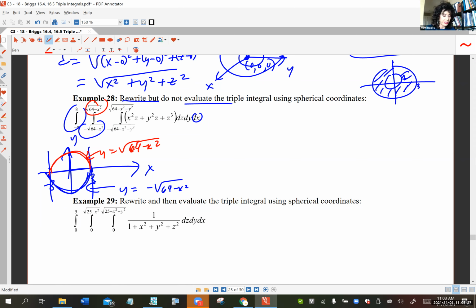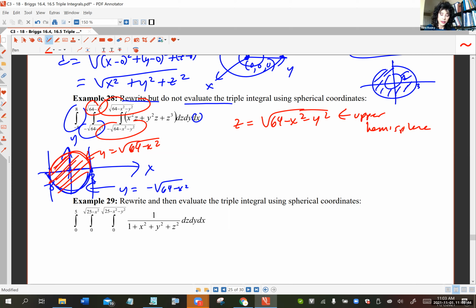And then y equals positive square root of 64 minus x squared. That's the upper semicircle. So it looks like this is the region in the xy plane, but hold on a minute. The upper limit for z, I claim, is an upper hemisphere of a sphere centered at the origin of radius 8, and z equals negative square root of 64 minus x squared is the lower hemisphere.